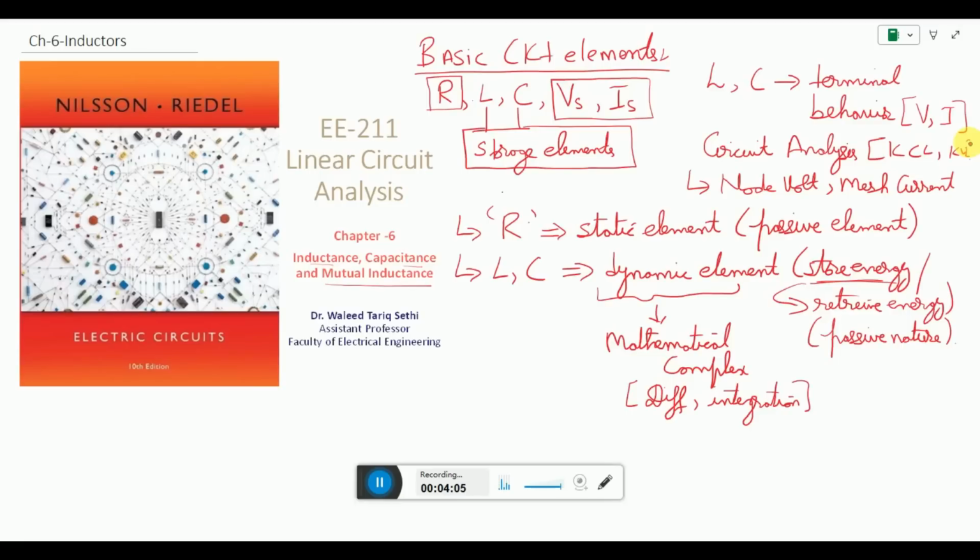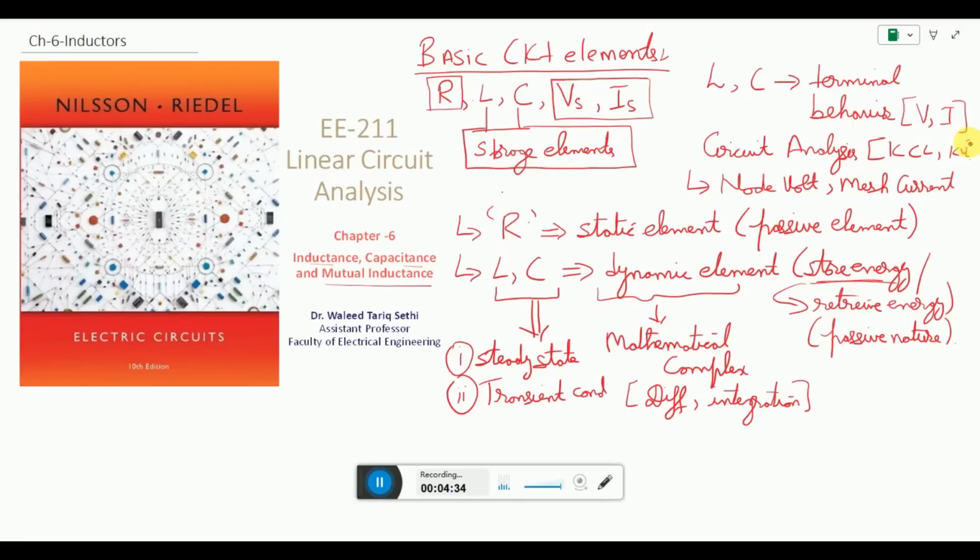And another thing that we are going to encounter in these 2 elements, which we are going to study in our upcoming lectures, is the steady state and the transient state. So another thing associated with these energy storing elements is called the steady state condition, and the second one is basically the transient condition.